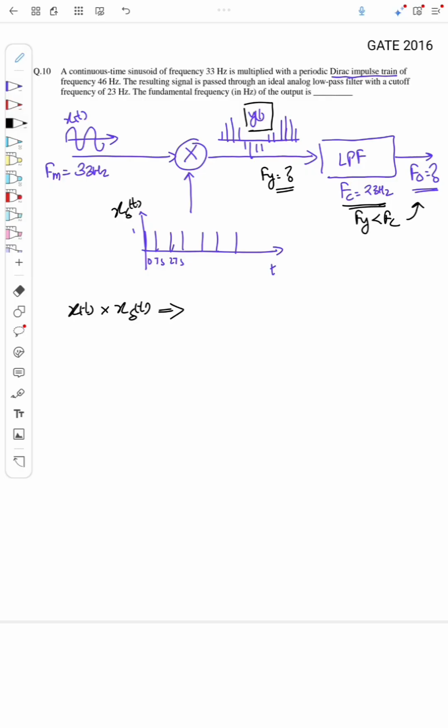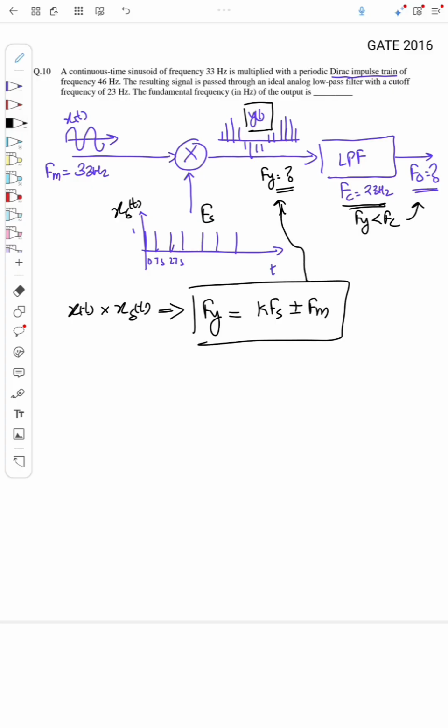If the sampling frequency of the Dirac impulse train is fs, then the frequency components available here are given by fy equal to k times fs plus or minus fm, where k is 0, 1, 2, etc., or minus 1, minus 2, etc. So k goes from minus infinity to infinity.